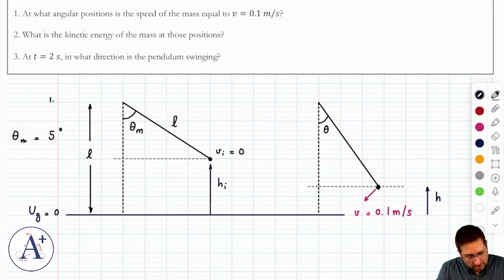Okay. Now, h initial is going to be all of L minus this piece. The question then is, what is that piece? Well, that piece is easy to find. It is going to be L cosine theta m.